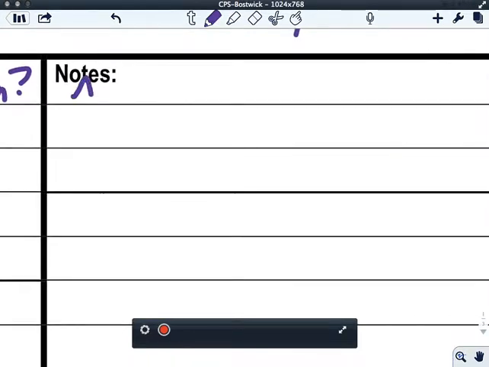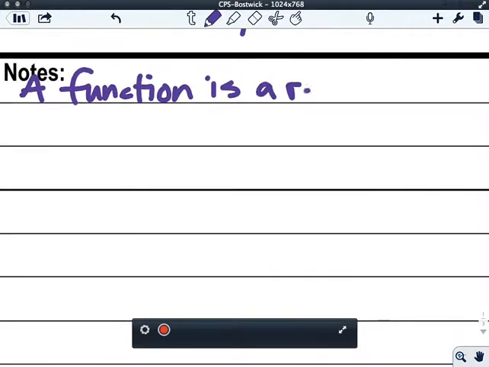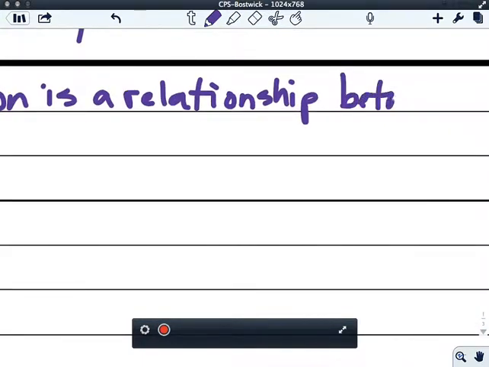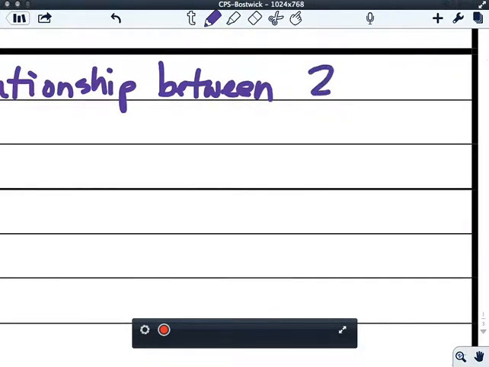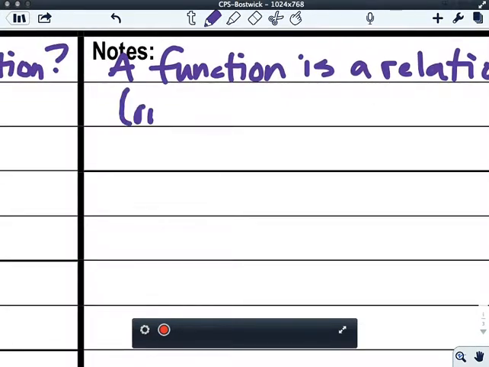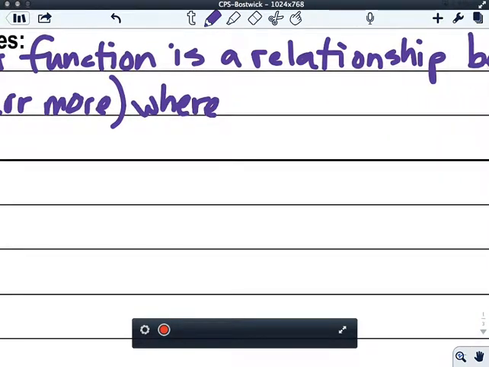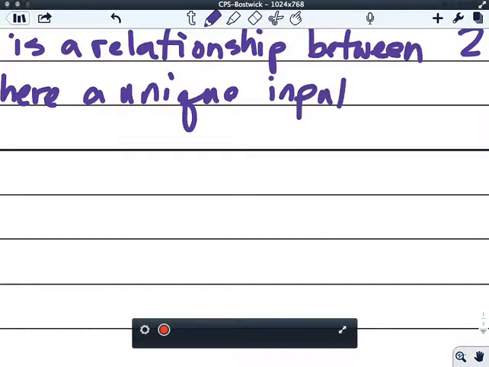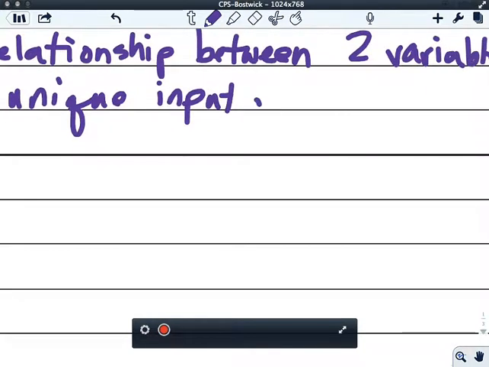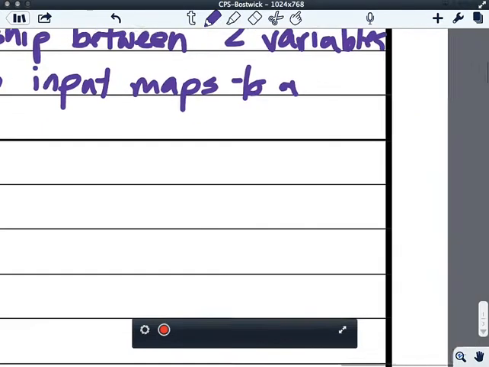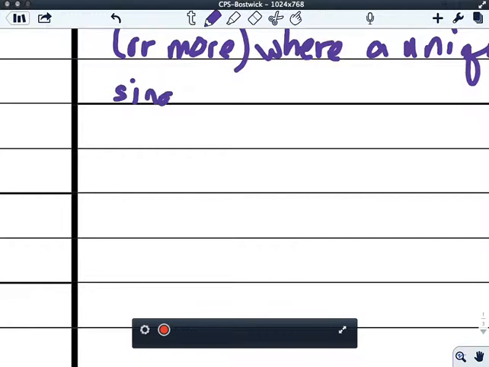A function is a relationship between two variables, and I'm going to put parenthetically or more, where a unique input maps to a single output.